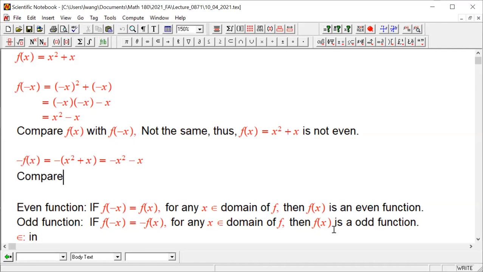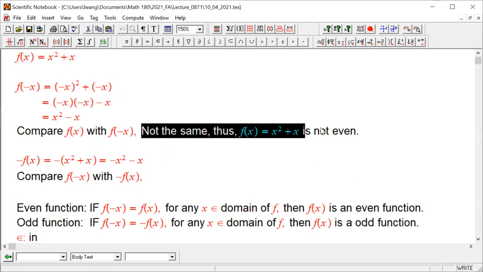And we continue the comparison. We compare f of negative x with the negative of f of x, because that's what the definition says. Are they the same? Obviously not. This is f of negative x, it's x squared minus x. And this is negative f of x, it's negative x squared minus x. So obviously they're not the same.